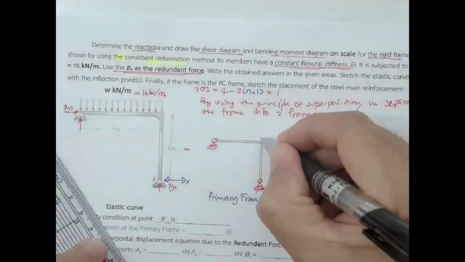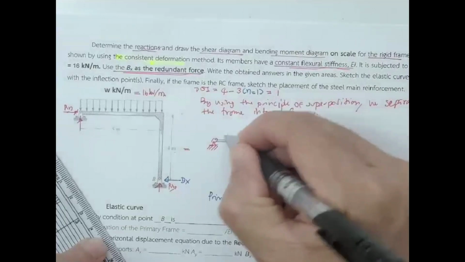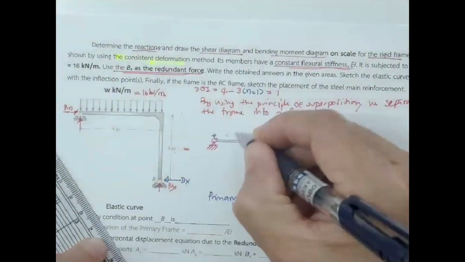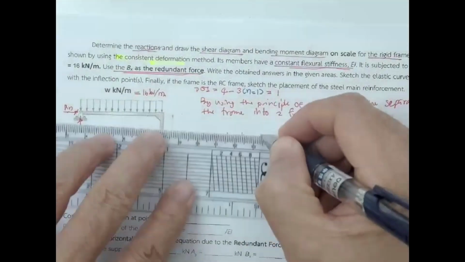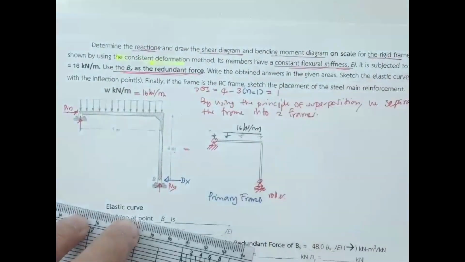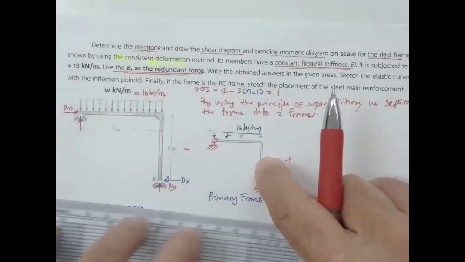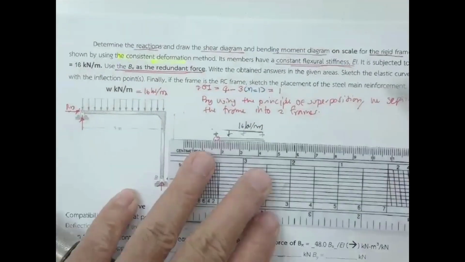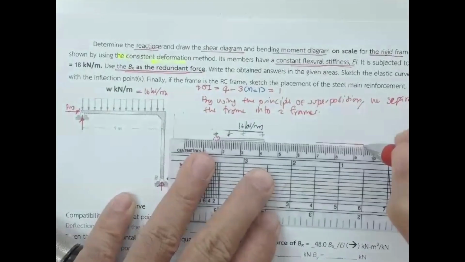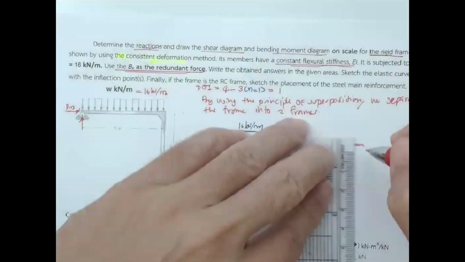The primary frame is going to be subjected to the given external loading, so it's going to be subjected to 16 kilonewton per meter, and then you're going to combine it with the same frame, but subjected to the redundant force.